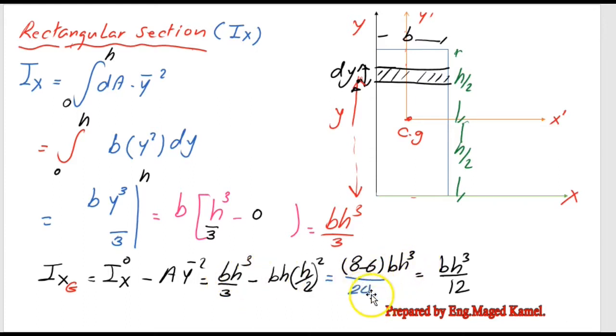This is 2 over 24, equal to 1 over 12. So Ixg equals b multiplied by h cubed over 12. This is the famous equation of the moment of inertia for the rectangle, which is equal to the breadth multiplied by the perpendicular height raised to the power of 3 divided by 12.